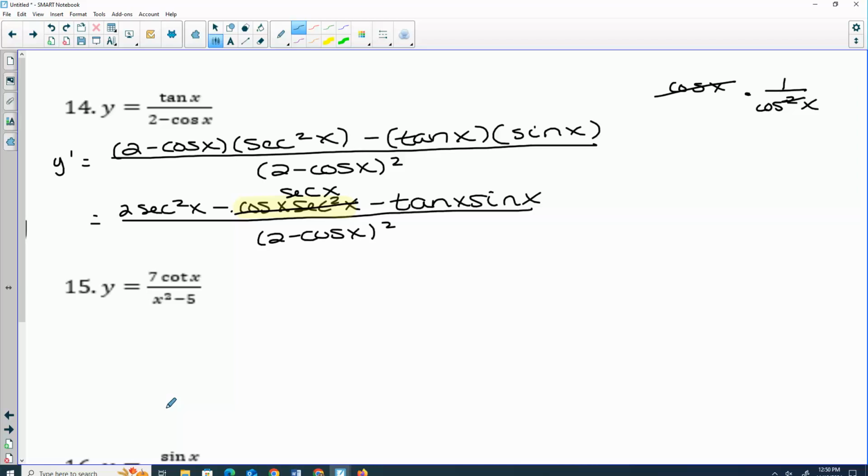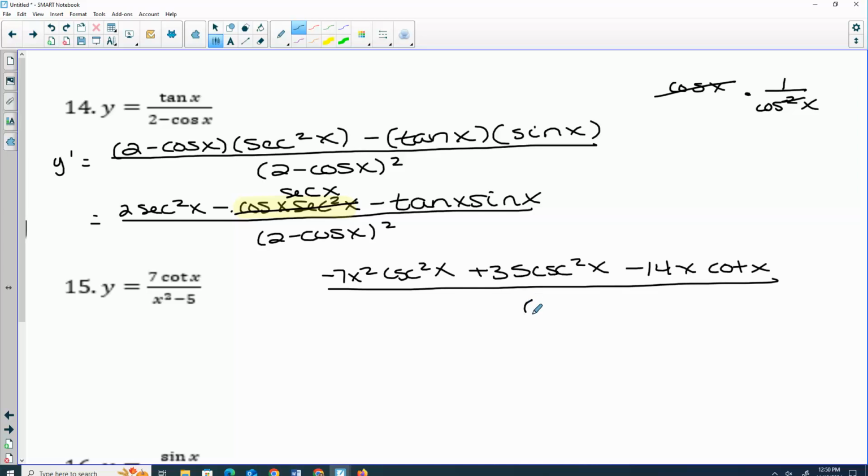15 and 16, we're again doing quotient rules. Would you like me to work those out? No, it's okay. Do I need to at least give you the correct answers, or you just verify? 15. You should get negative 7x squared cosecant squared x plus 35 cosecant squared x minus 14x cotangent x.